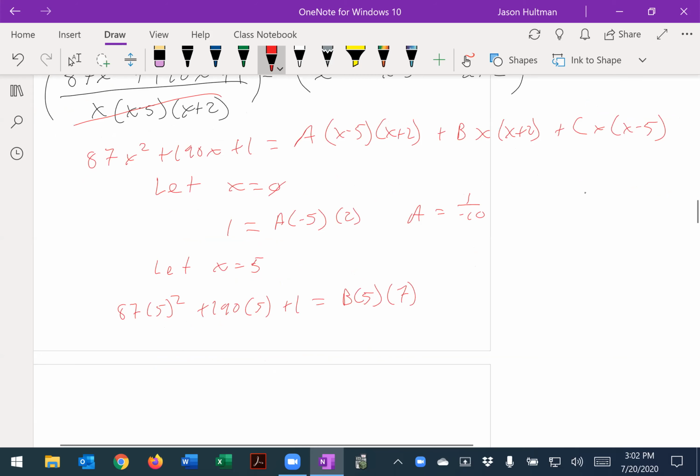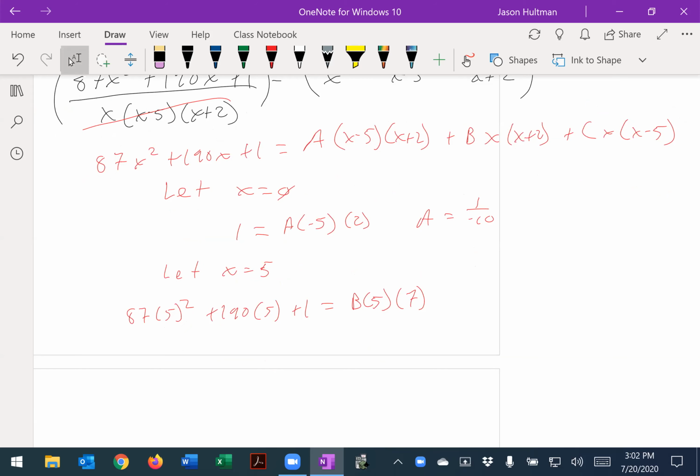We can figure out what the left side is by just plugging it into a calculator.